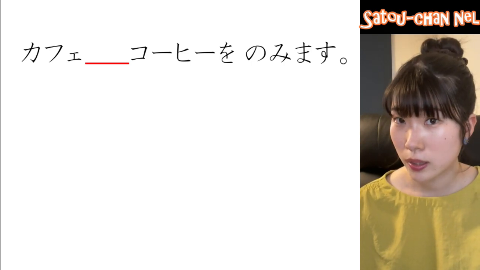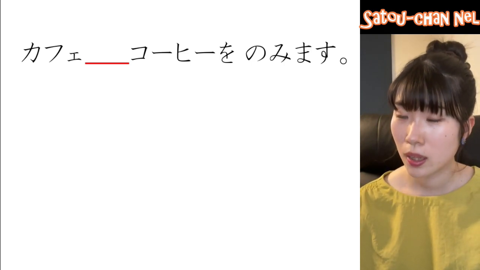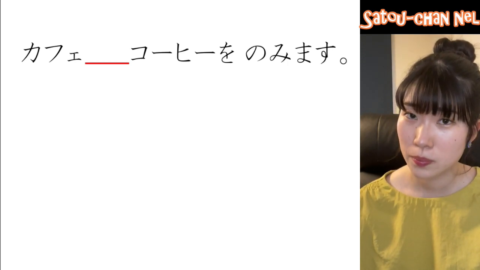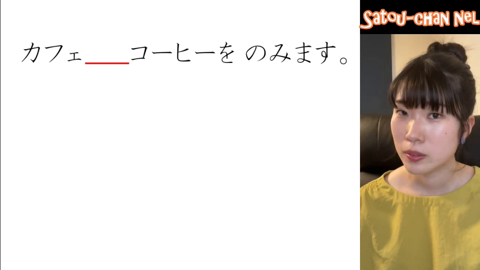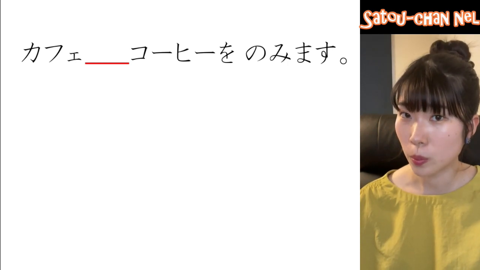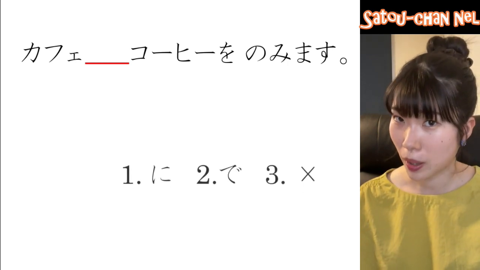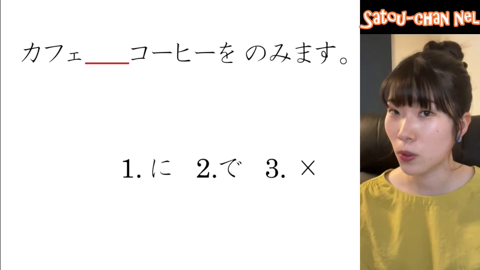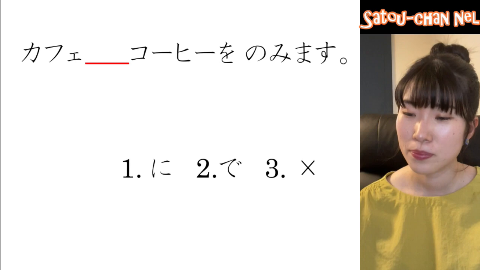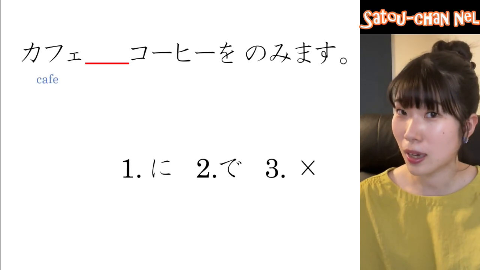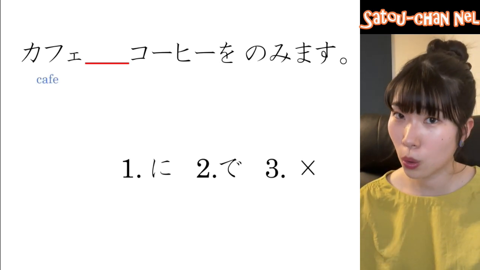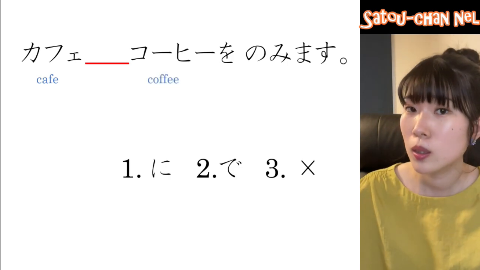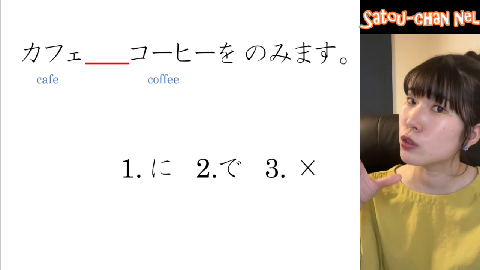The last one, カフェ something コーヒーを飲みます. Which particle should we put here? に, で, or nothing? カフェ is cafe and コーヒー is coffee. 飲みます, to drink.